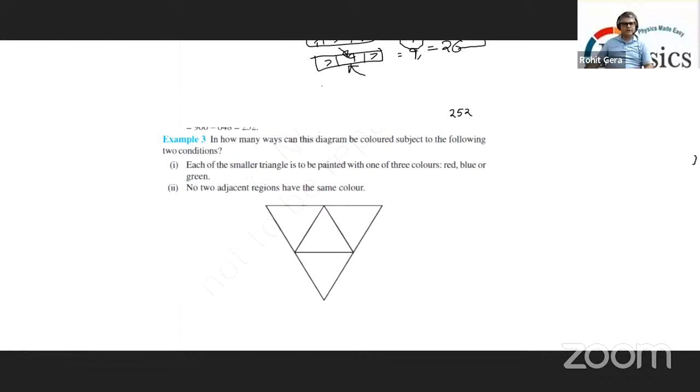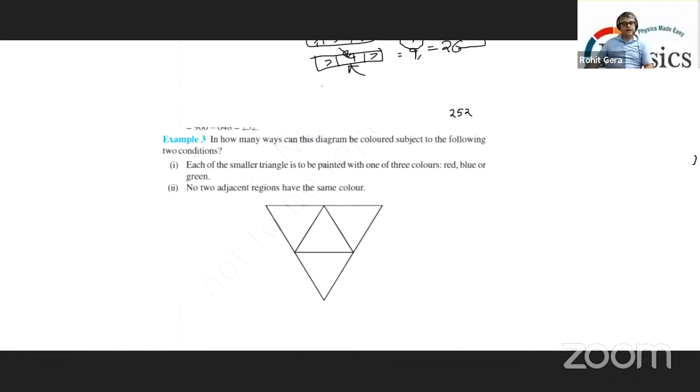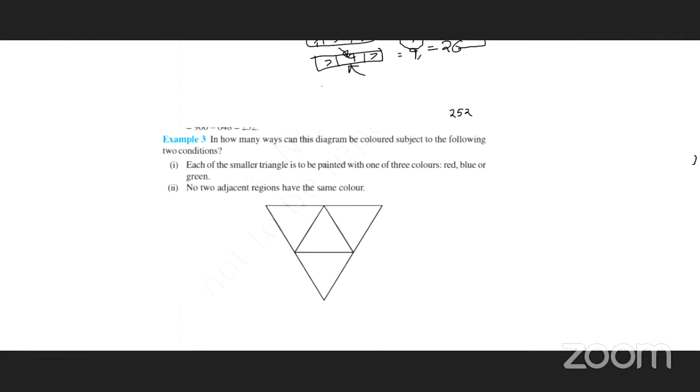Coloring. You have vacancy available and a color available. So color is your N, I think. But there is a condition. Each of the smaller triangles is to be painted with one of the 3 colors: red, blue, or green. In how many ways can this diagram be filled with colors? So 1, 2, 3, 4.